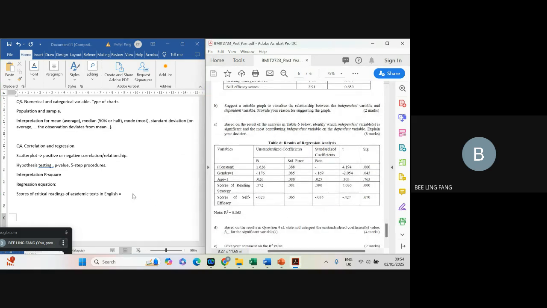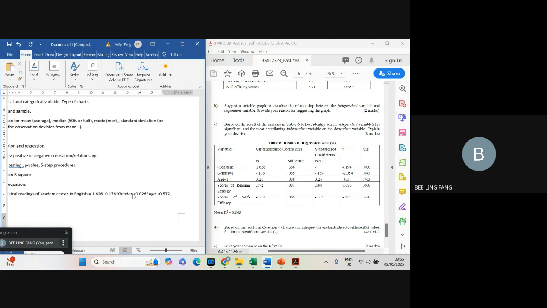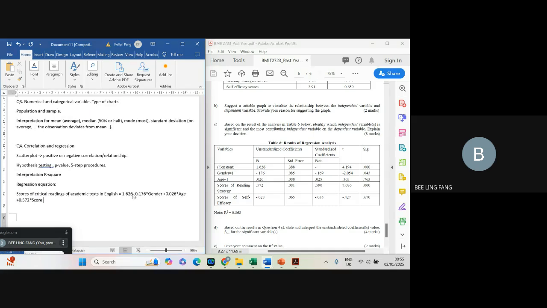So based on the values here: 1.626 minus 0.176 times gender, plus 0.026 times age, plus 0.572 times score reading strategy, minus 0.028 times score self-efficacy.